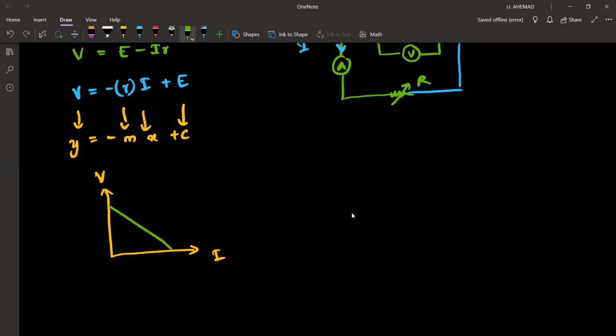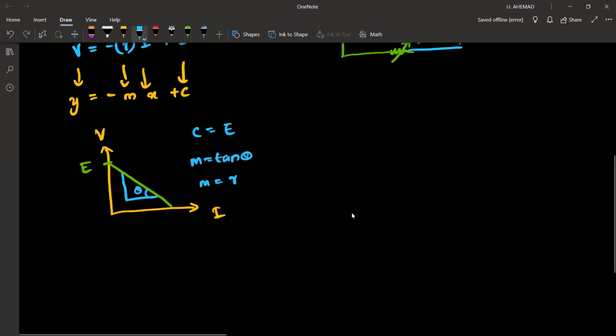So from this graph, if I measure the intercept, that is going to be the EMF of the battery. And if we measure the gradient, that is going to be equal to the internal resistance r. So intercept c is equal to E and gradient is equal to r.